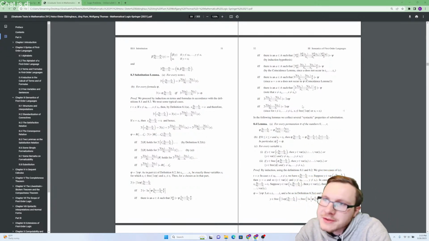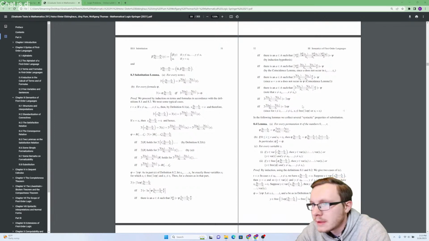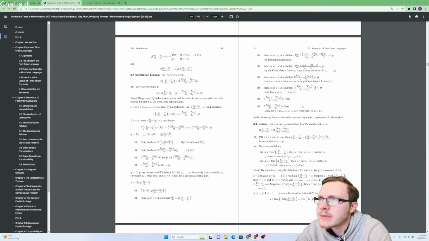Okay, so if x is within the variables being replaced, it becomes ti, and then j on x replaced by ti is equal to j at ti, which is once again equivalent to the j interpretation type thing.